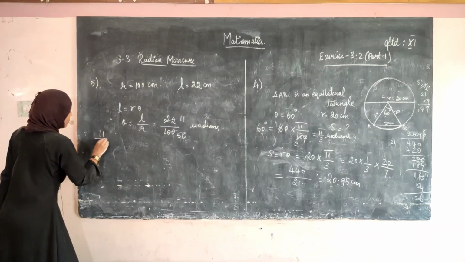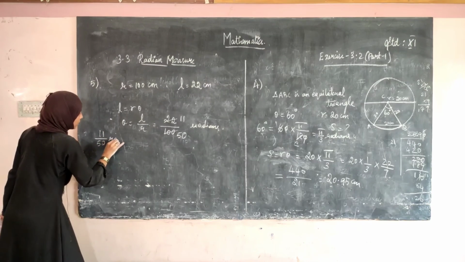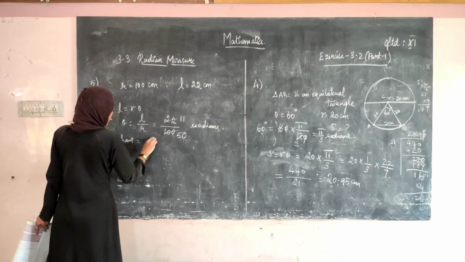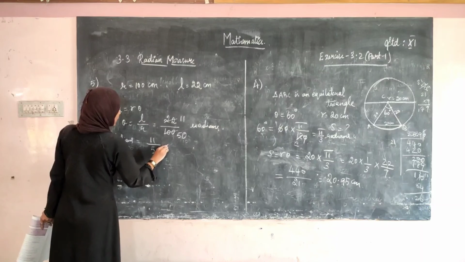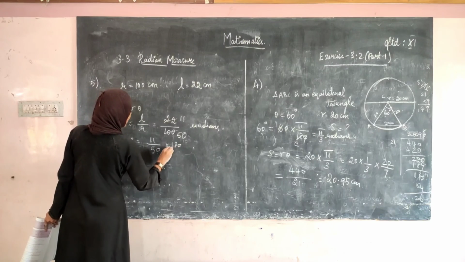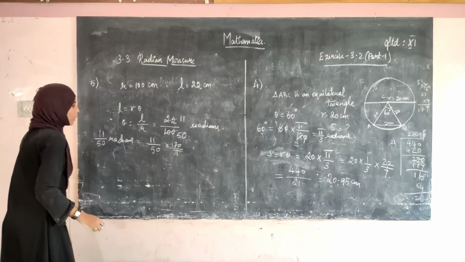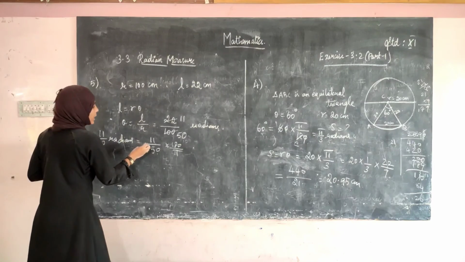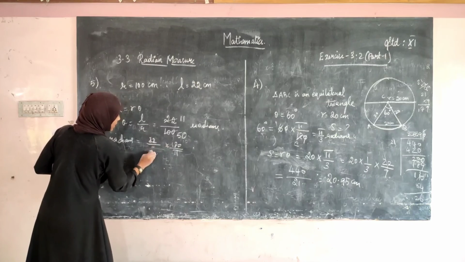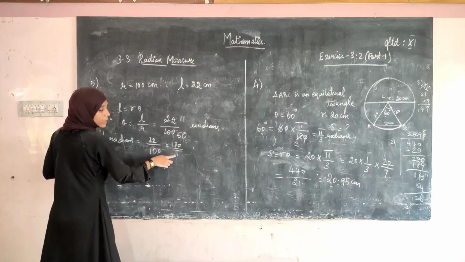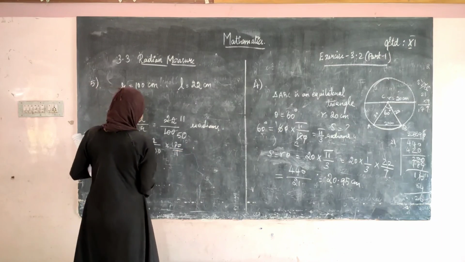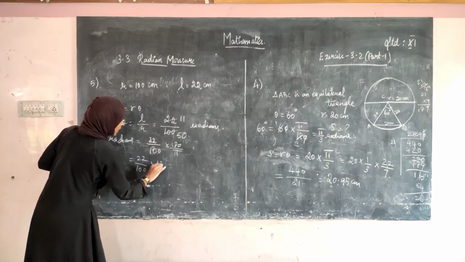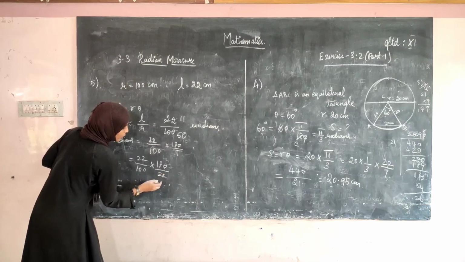So 11 by 50 radians. 11 by 50 into 180 divided by pi. Otherwise, you can keep this as 22 divided by 100 itself, so it will be easy to convert this. So what is 22 divided by 100 into 180 divided by 22 divided by 7?